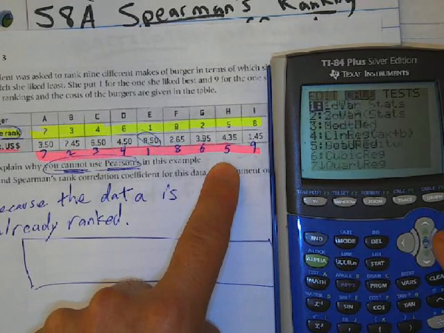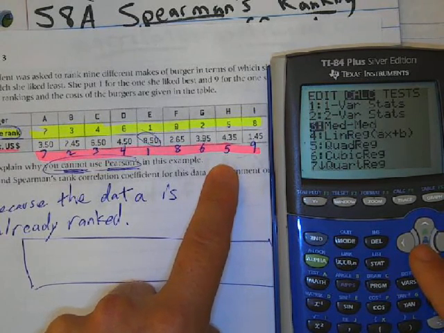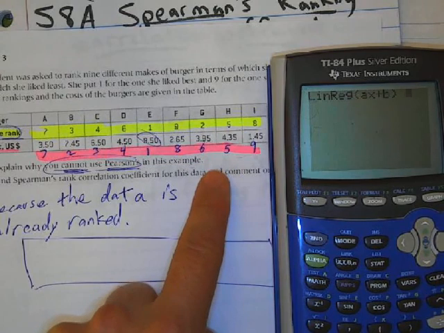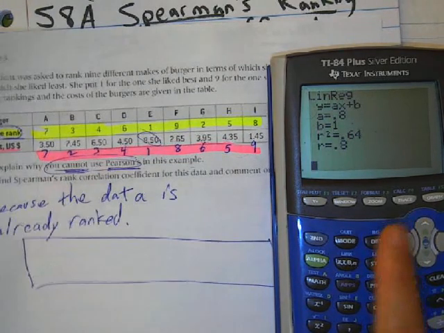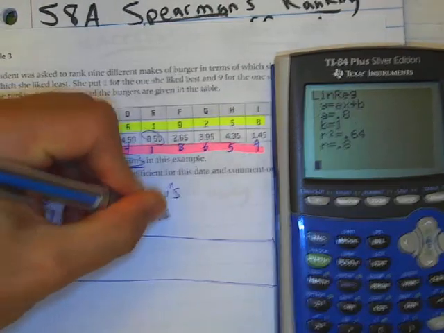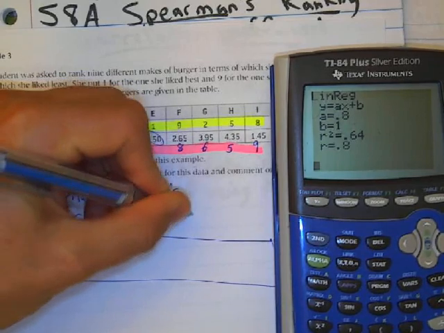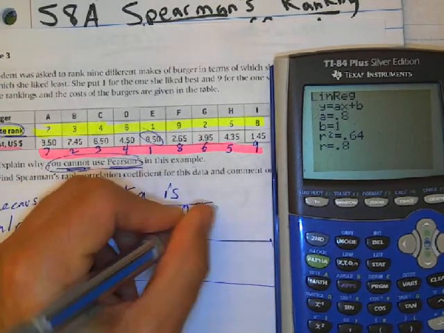Stat, arrow over to linear regression, enter, and we get an R value. The Spearman correlation is 0.8, and that is the same thing in the textbook as well.